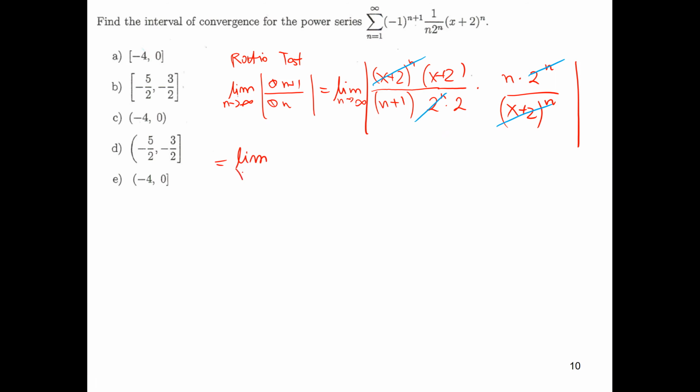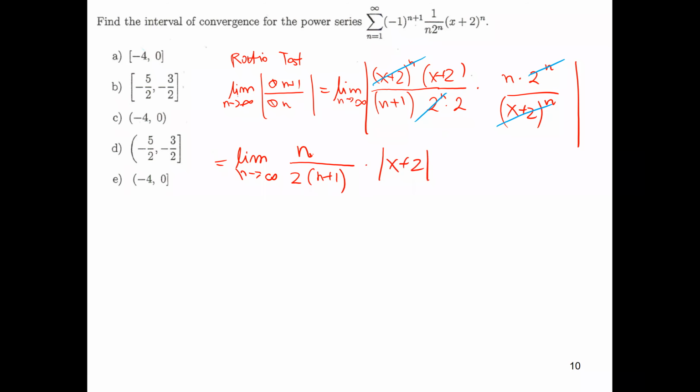Limit as n goes to infinity, and I have n on the top, and I have 2n plus 1, and then x plus 2.